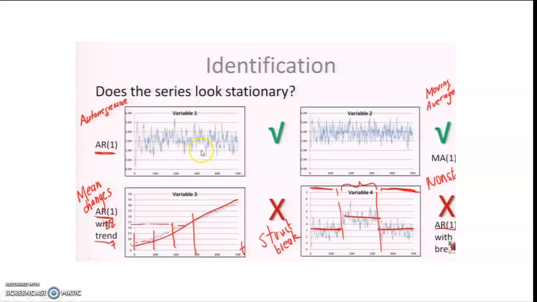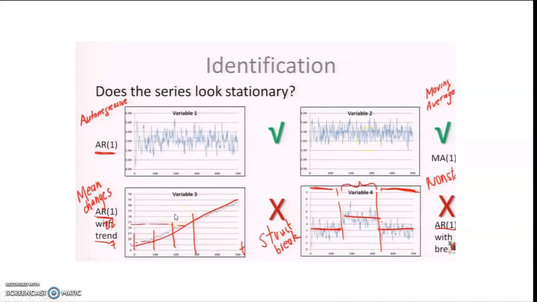And if you look at the line graph of this series, this looks like stationary. Regarding variable 2, this is also stationary, but this is moving average, and this is an MA1 process. So both variable 1 and variable 2 are stationary. Variable 1 is AR1, whereas variable 2 is MA1.